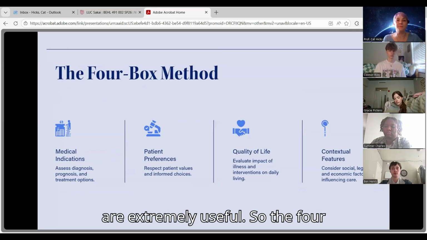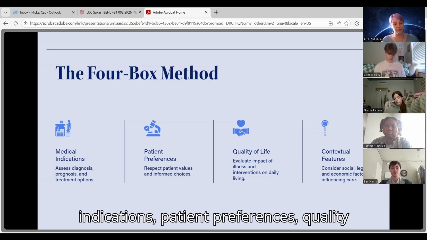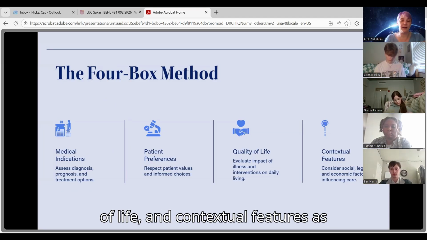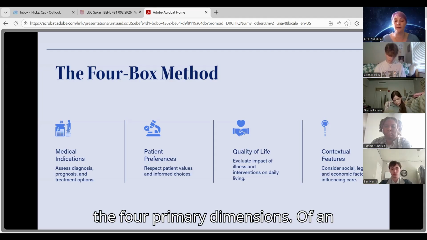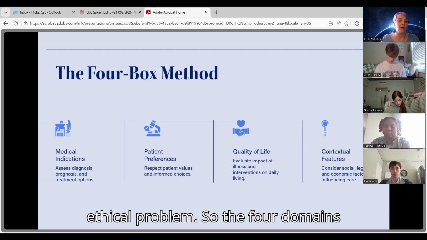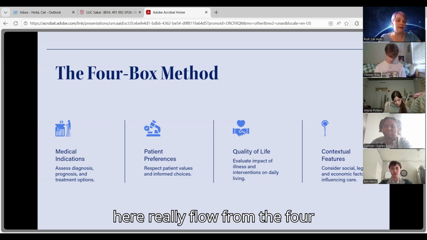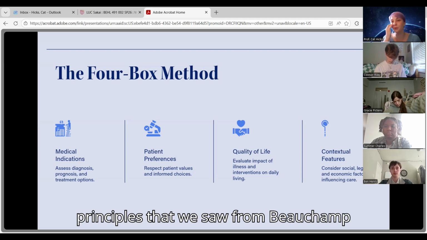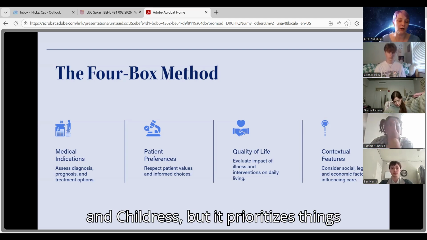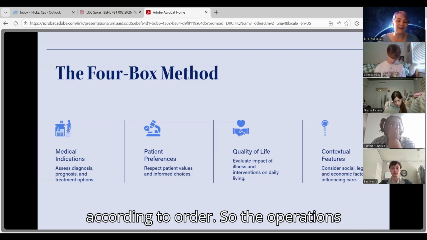So the four-box method introduces medical indications, patient preferences, quality of life, and contextual features as the four primary dimensions of an ethical problem. So the four domains here really flow from the four principles that we saw from Beauchamp and Childress, but it prioritizes things according to order.